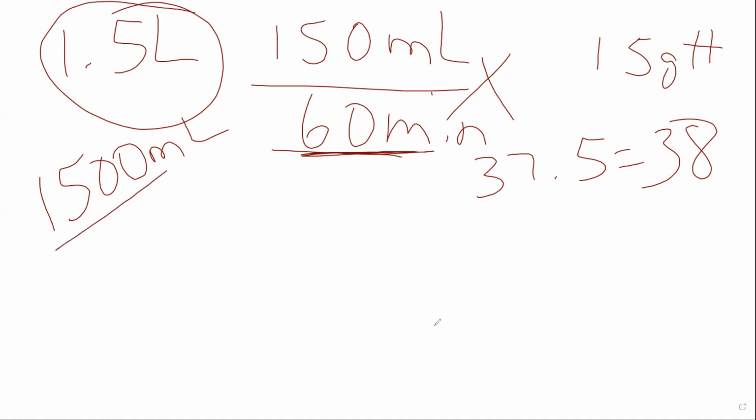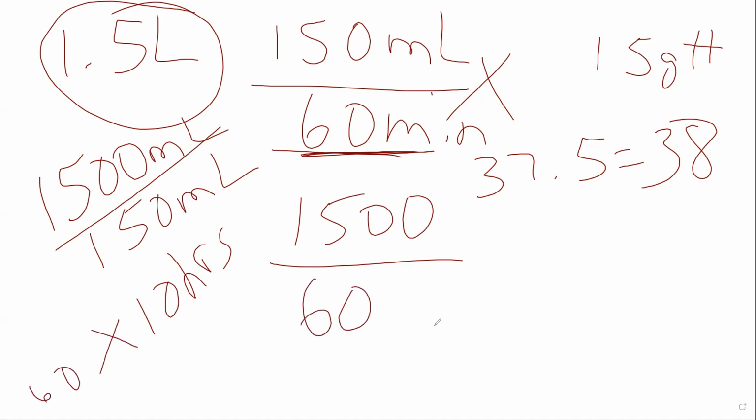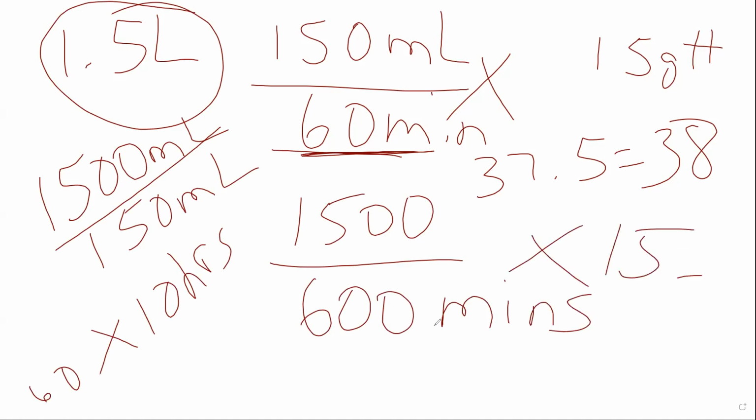This pump is running at 150 an hour, so it's going to run over 10 hours. So if you use your total volume of 1,500, then you have to use your total minutes, because 10 hours times 60 is 600 minutes. Times your 15, you still should get 37.5. Do the math.